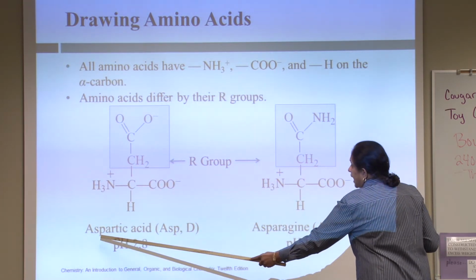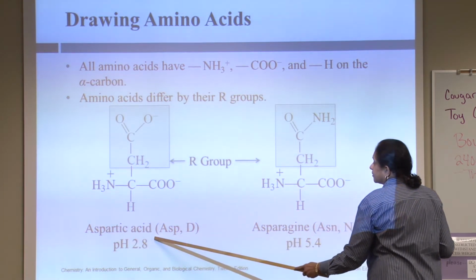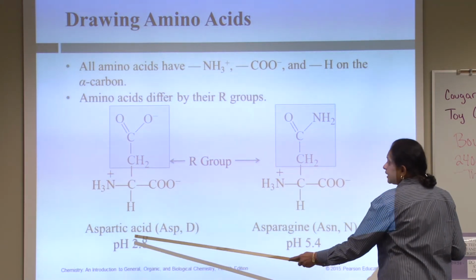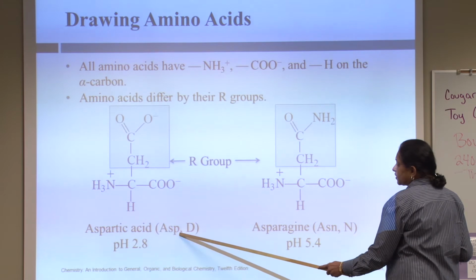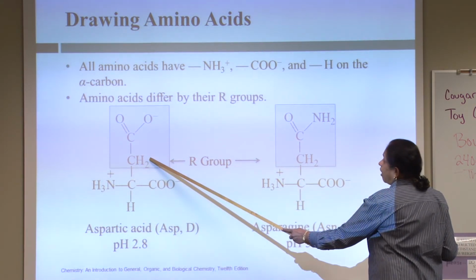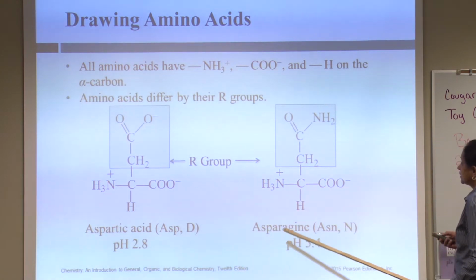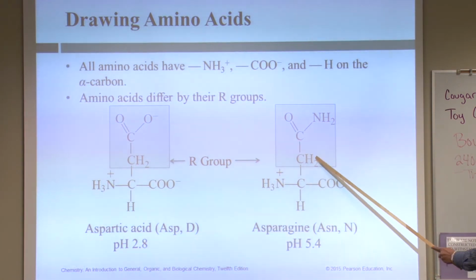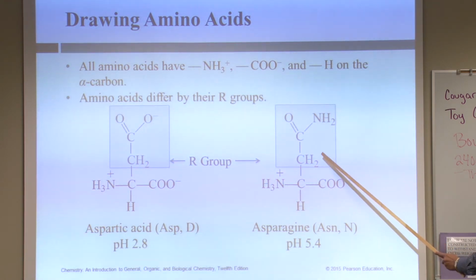So aspartic acid. This is an amino acid, aspartic acid. This is its abbreviation, 3-letter, 1-letter, and this is the R group. This is asparagine. Again, this is the R group.